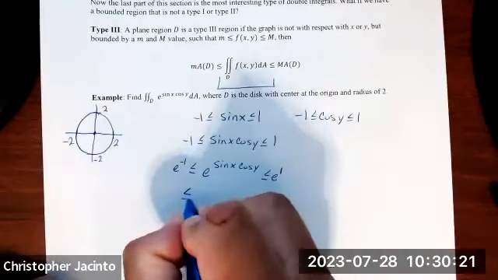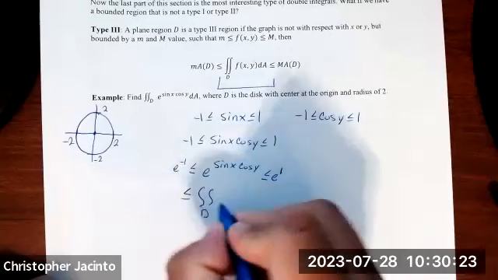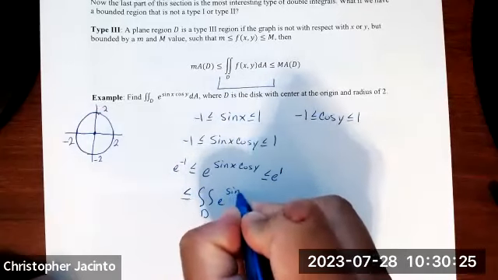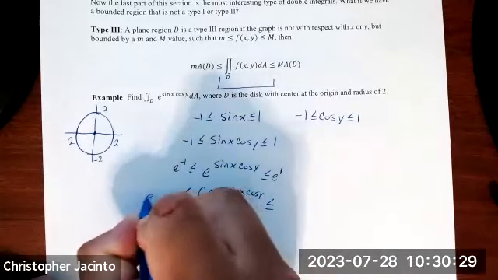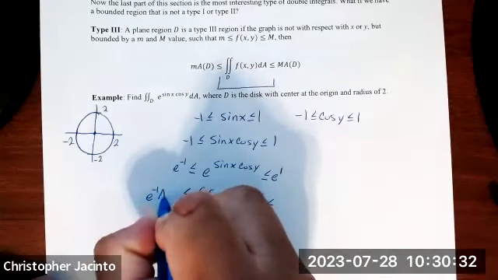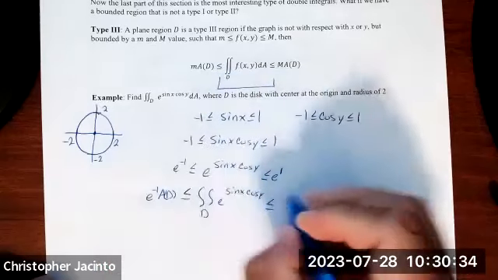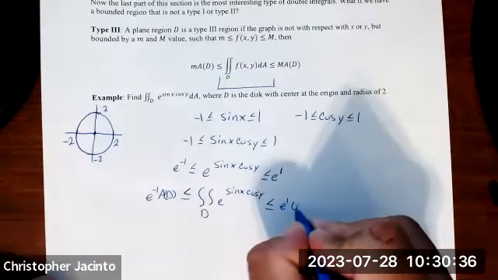So therefore, this integral is bounded between e to the -1 power times the area of our disk, and e to the first power times the area of our disk.